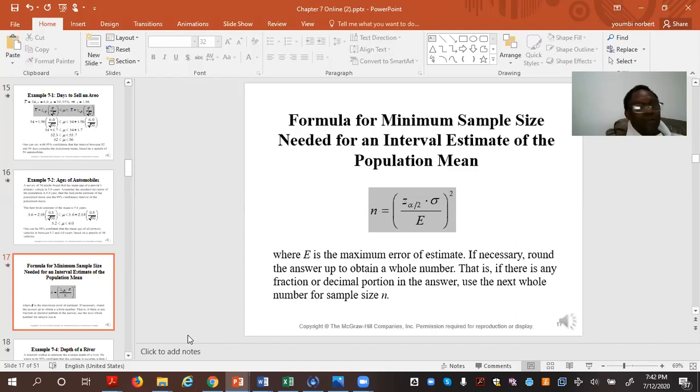So what answer do you get there? 1.65 times 42 divided by 10. And then I have to square it, right? Yes. 48.02. So you round it up, always round it up to 49. N is a natural number, so it is a whole number. Always round it up.